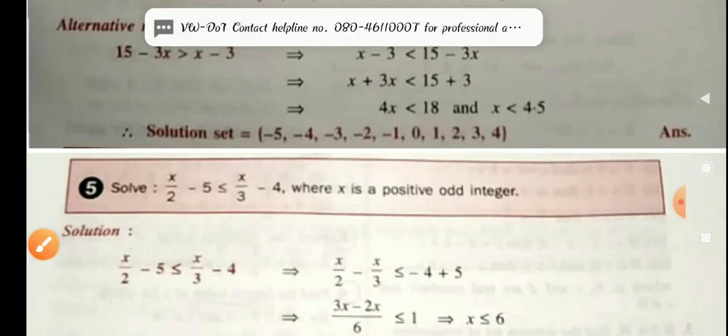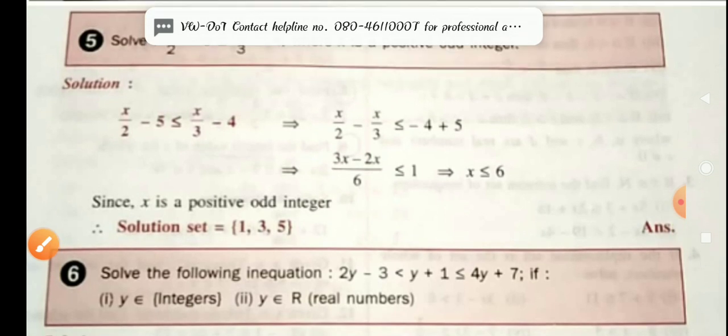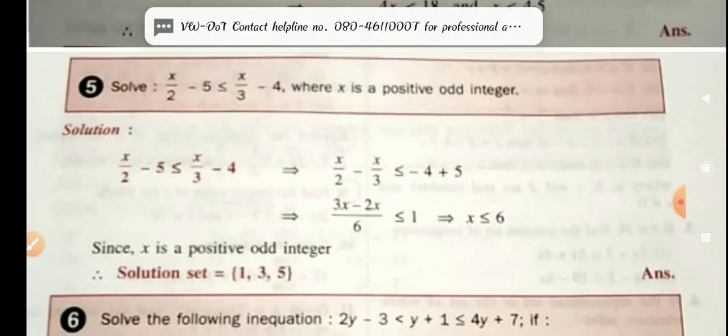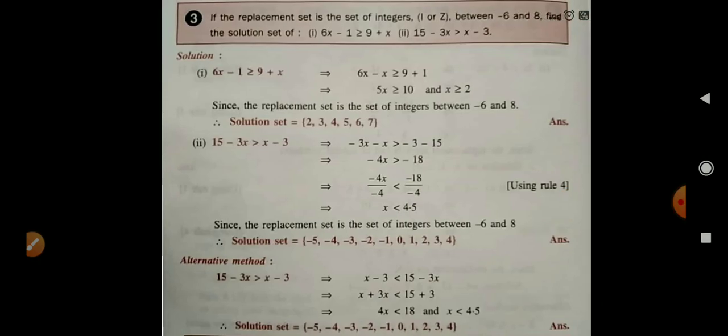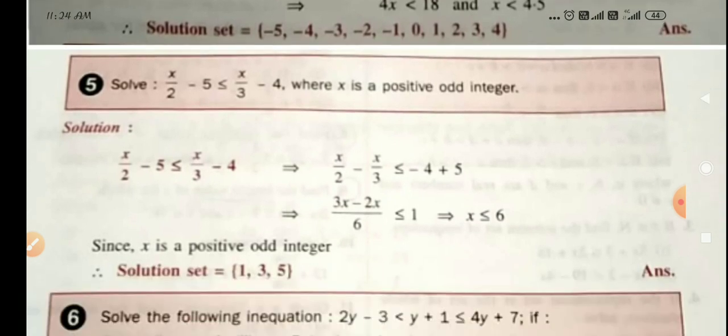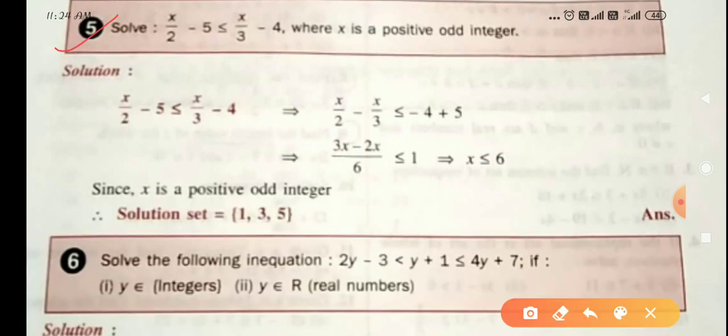One more example is there. You can see this example. Fifth example. Solve x upon 2 minus 5 is less than equal to x upon 3 minus 4, where x is positive odd integer.